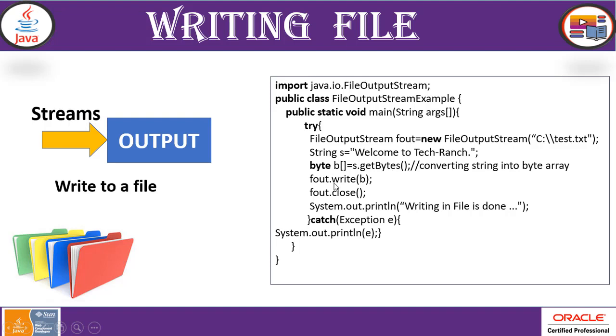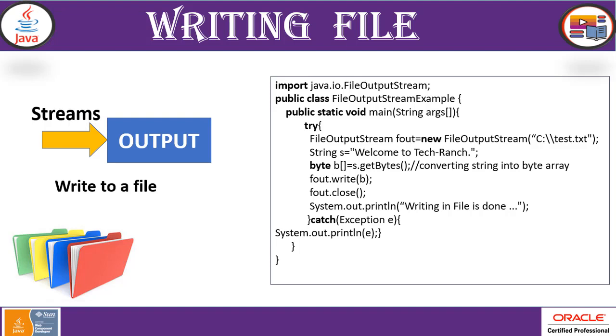Now write method is available in this class. All you need to do is just make an object, and with the help of that object we can invoke write method, and finally in the end we can close the method. So closing the method is basically closing the operation, not closing the file or deleting the file. So all you need to do is just the writing method.